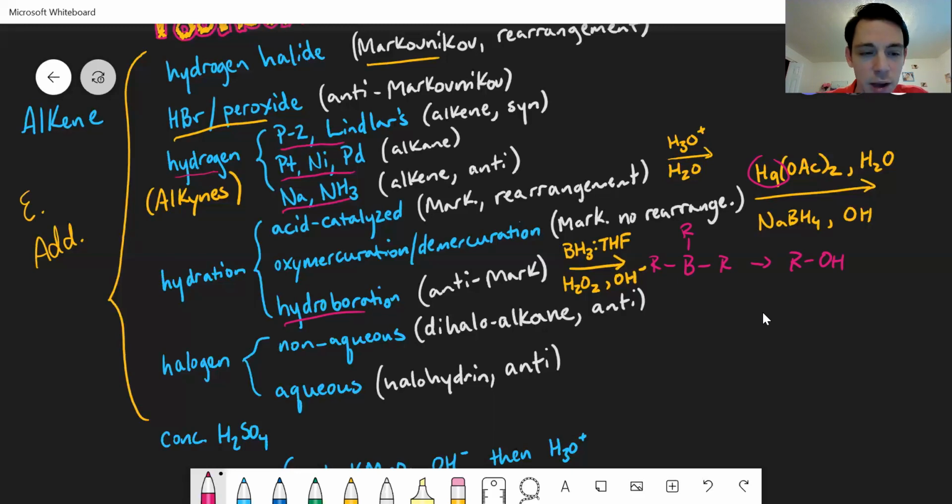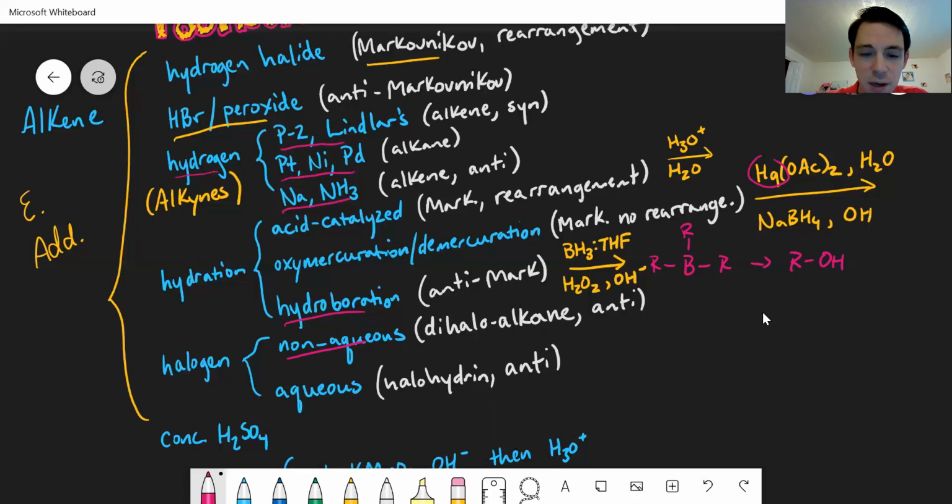Okay, halogens, that's Cl2, Br2, those can be added either in a non-aqueous solvent like CCl4, and this gives us a dihaloalkane like 1,2-dibromo something. It's anti positions. Okay, so the 2 bromines or 2 chlorines would be anti to each other if those are chiral centers.